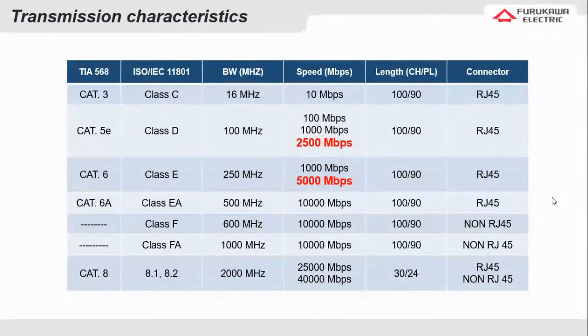If you plan your cabling system to have a lifetime of, I don't know, 10 years or more, you should definitely go for CAT.6A. CAT.6A is also backwards compatible with CAT.6 and CAT.5e, thanks to them all using the RJ45 connector. Do remember, though, that speeds will always be limited and will perform to the lowest category cable or connector installed in the link.